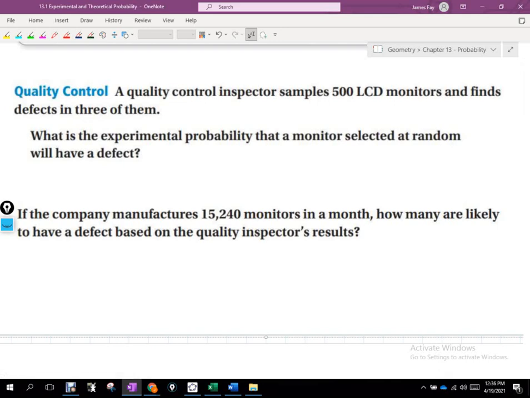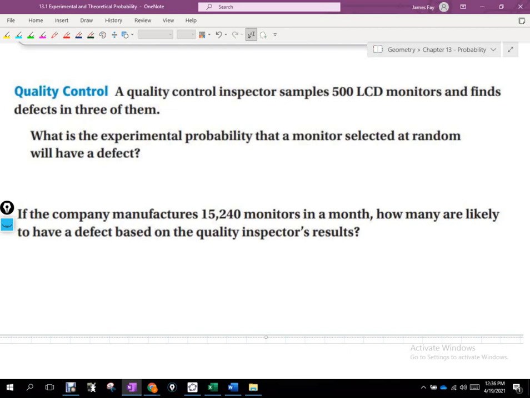Here it says a quality control inspector samples 500 LCD monitors and finds defects in 3 of them. So what they'll do, P&G does this, we got a lot of manufacturing businesses here in the area. P&G, we got Dana, we got Ford, Pepsi.